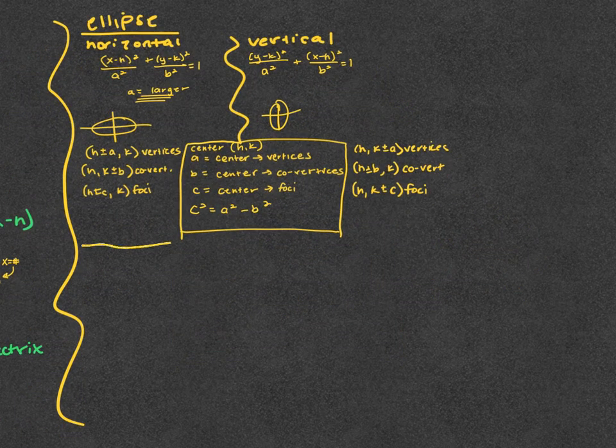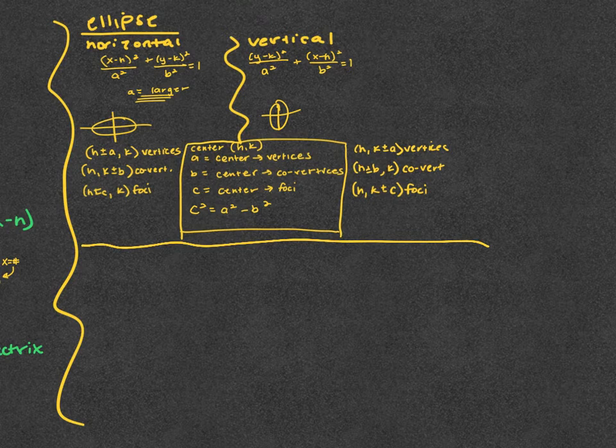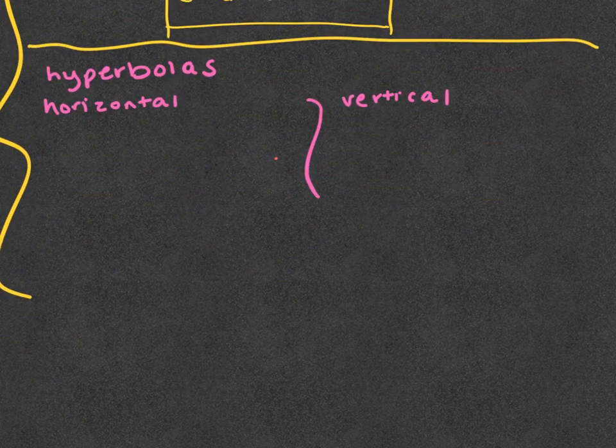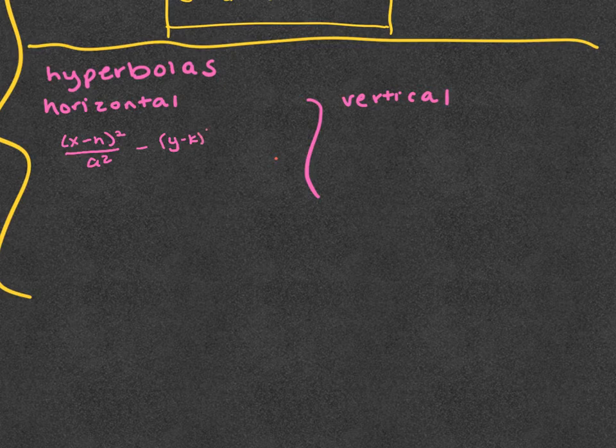Okay, then came hyperbolas. Again, there are two kinds. For the horizontal, the x comes first, and the order is important this time because it should be positive first.